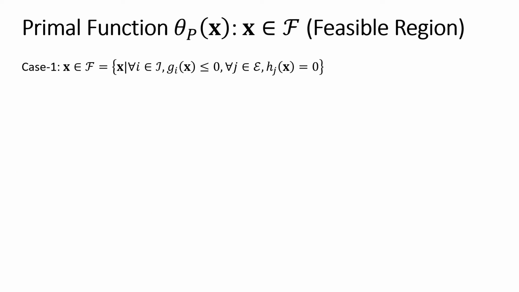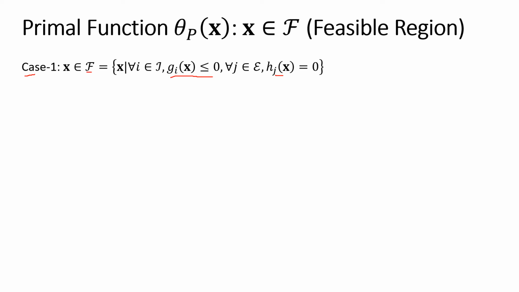Now let's look at the primal function theta p of x when x is in the feasible region. That's case 1. X is feasible when all the inequality constraints gi of x are less than or equal to 0, and likewise all the hj's of x are equal to 0, the equality constraints.